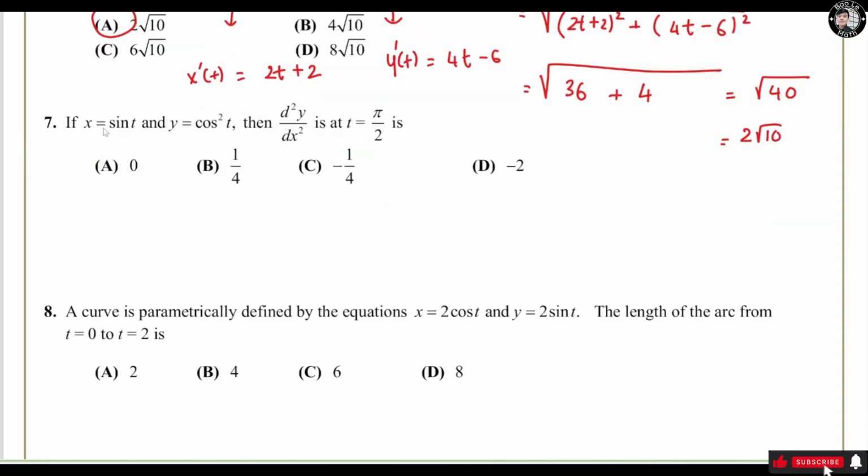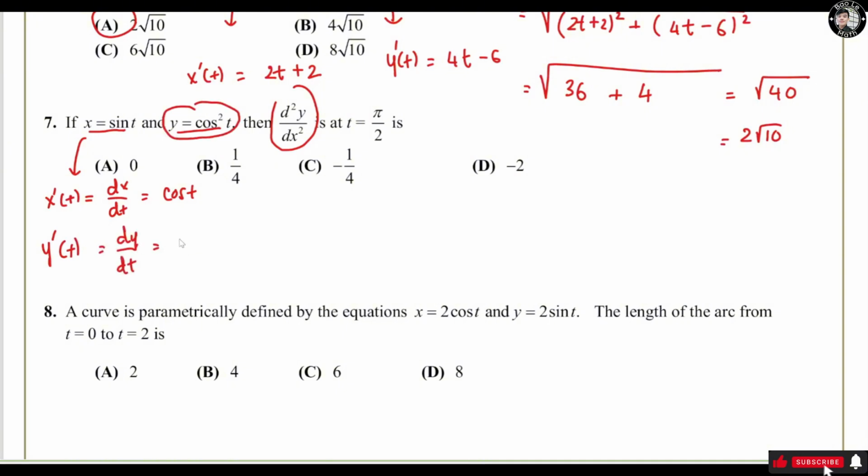Now question 7. If x equals sine t, y equals cosine squared of t, then the second derivative at t equals pi over 2 is, right? So again, we need to find x prime of t, which is the same thing as dx over dt, right? So it can be cosine t. Now y prime of t is the same thing as dy over dt.